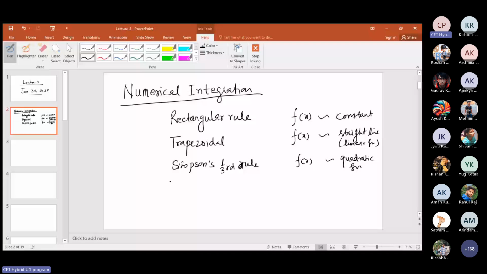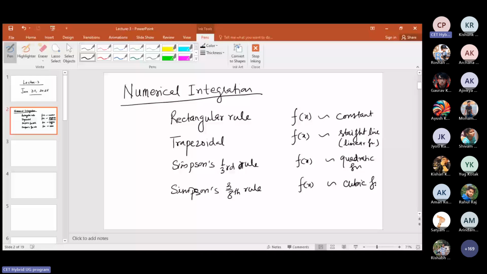That Simpson's 3/8 formula will use the cubic function. We'll discuss this one in a moment. Simpson's 3/8 rule, where f(x) is approximated by a cubic function.